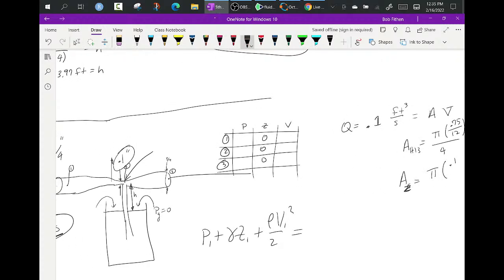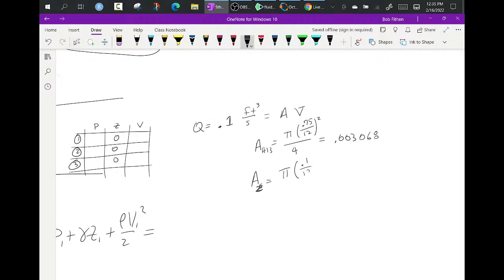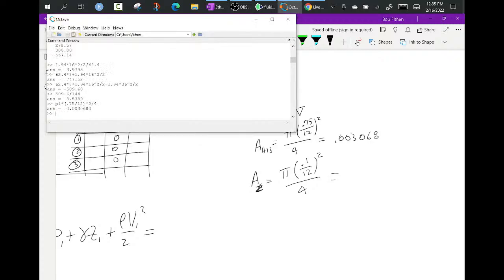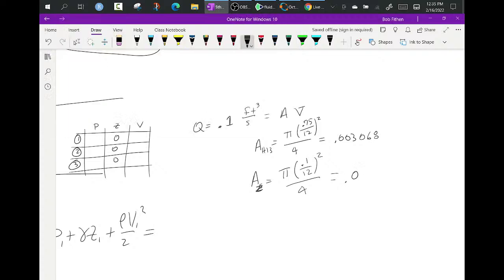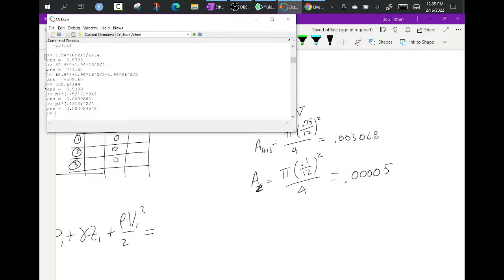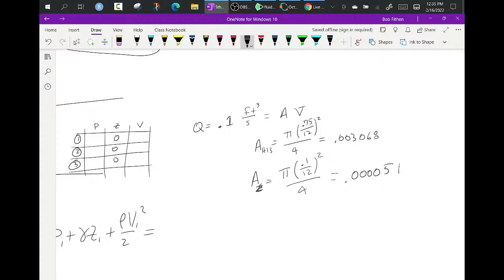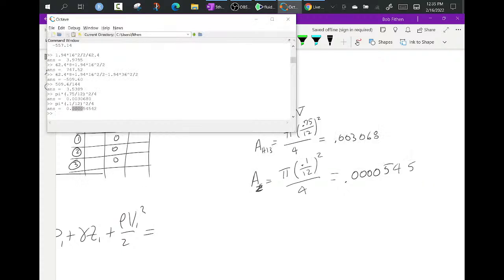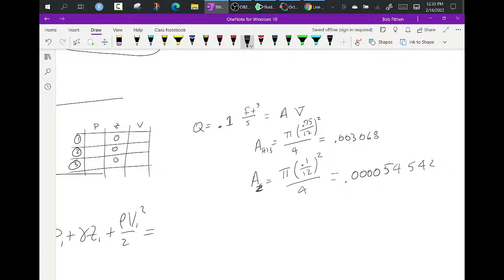The area of the small section, which is actually 2, is 0.1 inches, so 0.1 over 12 squared over 4, which comes out to a very small number. Now, what is the velocity at 1 and 3?